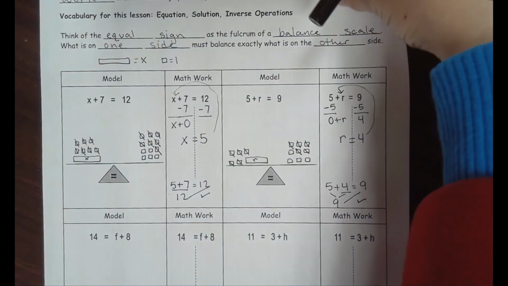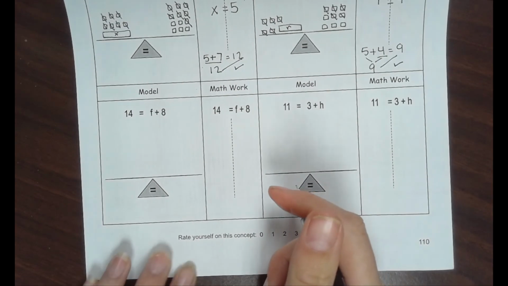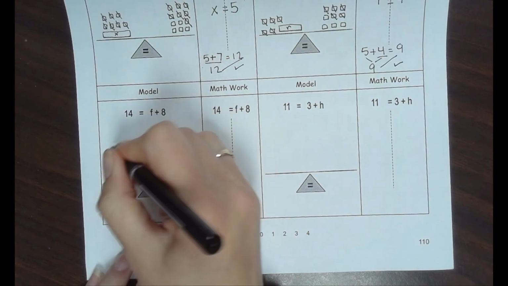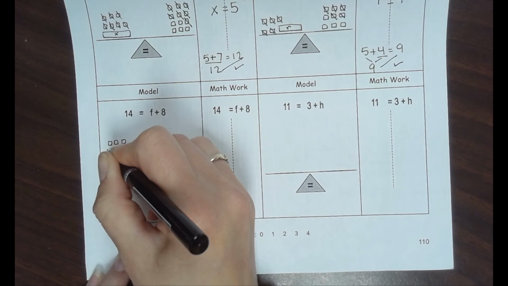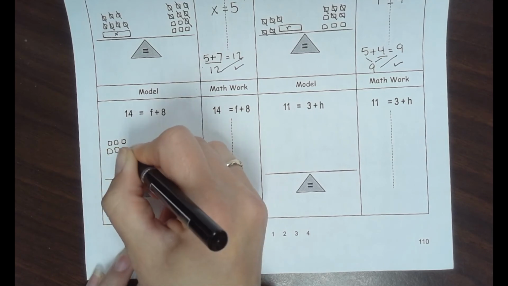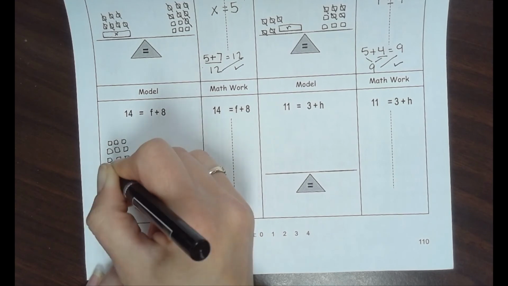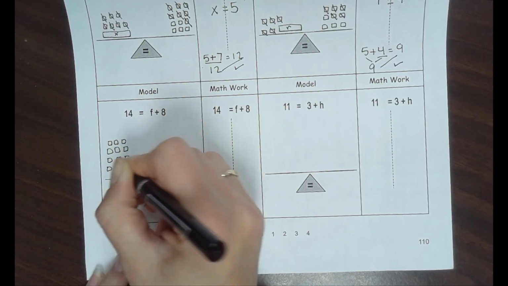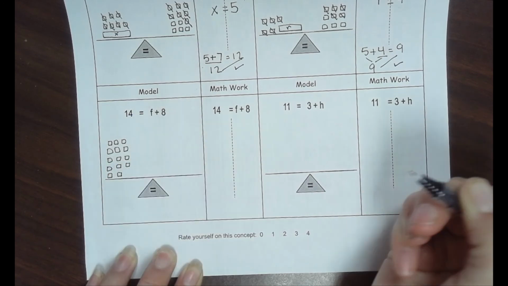Okay, let's try this next one. 14 equals f plus 8. So that means I'm going to do 14 blocks over here. 1, 2, 3, 4, 5, 6, 7, 8, 9, 10, 11, 12, 13, 14.